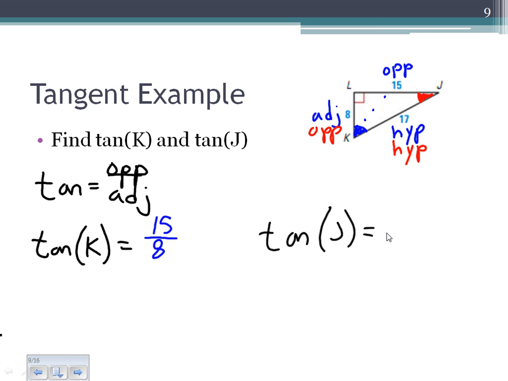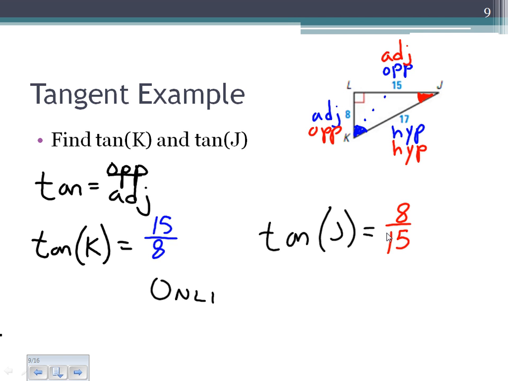Good. So if we're going to write tangent of J, it's going to be what over what, Cindy? 8 over 15. Before we stop, notice that these have switched. They're the reciprocal. I have 15 over 8 here, 8 over 15. Okay?